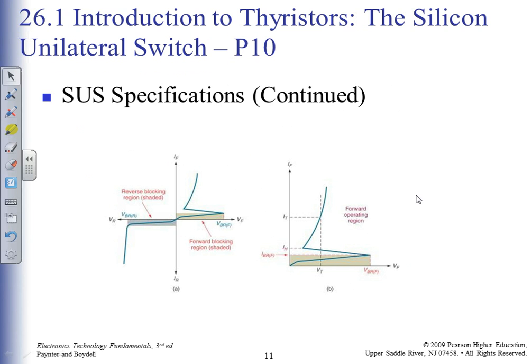All right, good enough. Next, it does have a negative characteristic part of the curve. This looks sort of like a diode. And if I get to the breakdown region, I melt it. Okay, so I don't want to do that. But with forward biasing, I turn on, and everything's fine.